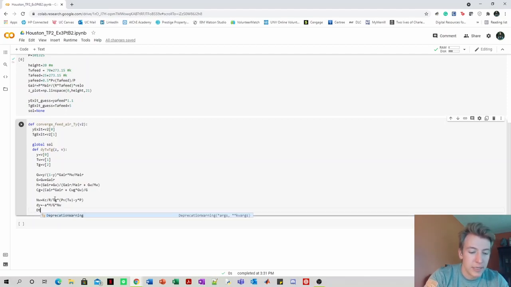Next is the dTW, the differential water temperature of the cooling tower, which is equal to the specific area divided by the liquid flow rate times the heat capacity of the water.